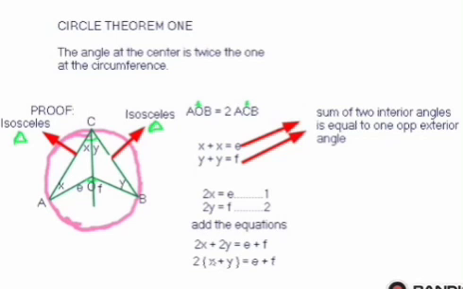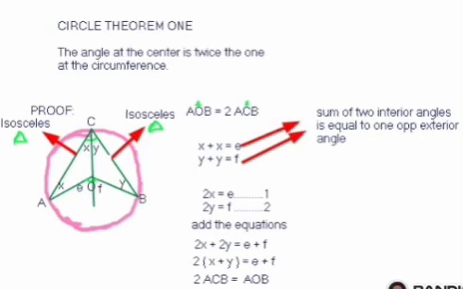So we can replace S plus Y with ACB, and we now have 2 ACB equal to E plus F. Going back to the diagram, E plus F represents angle O. Tracing E and F back to the circumference, you see A and B, so this is AOB. We can replace E plus F with AOB.